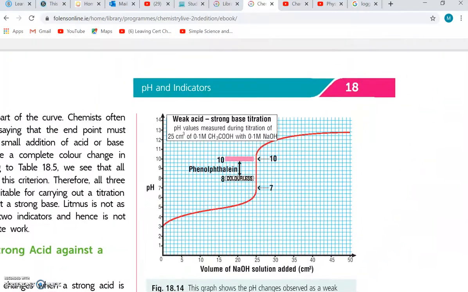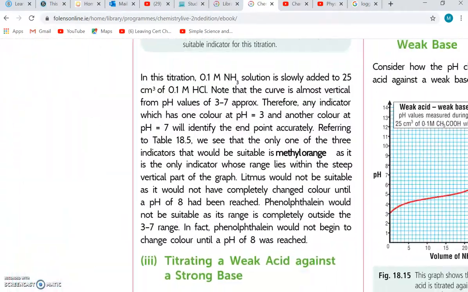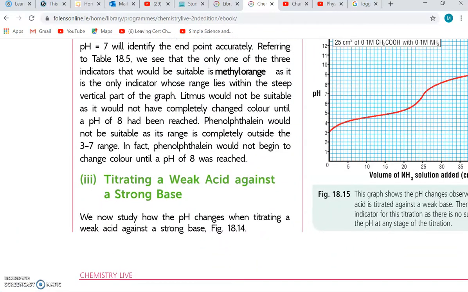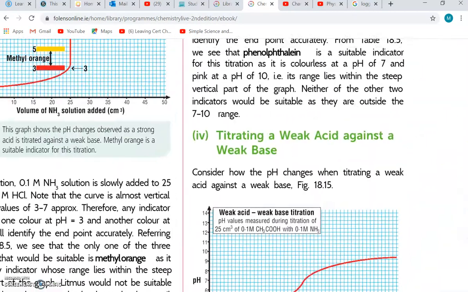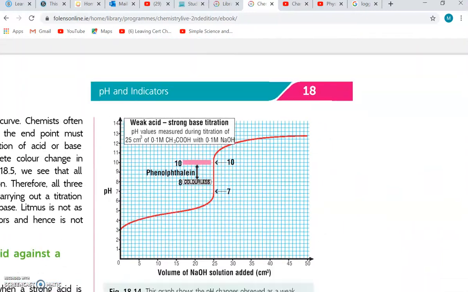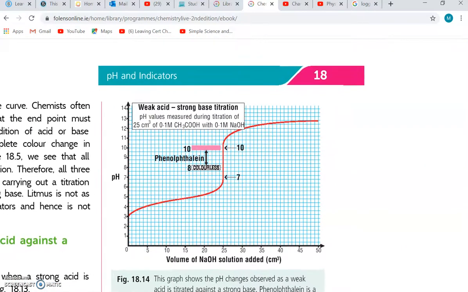Then, if you have a weak acid but a strong base, so this would be ethanoic acid with maybe sodium hydroxide, yeah, so they have ethanoic acid here and sodium hydroxide. There's a strong base, so therefore your pH is high for the base. Weak acid, your pH is close to 7.